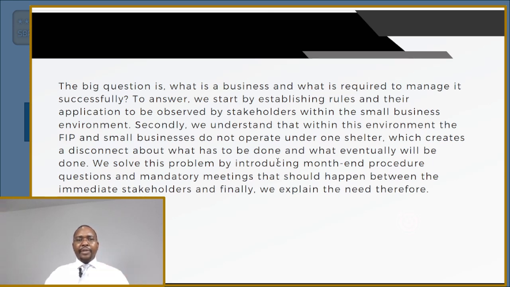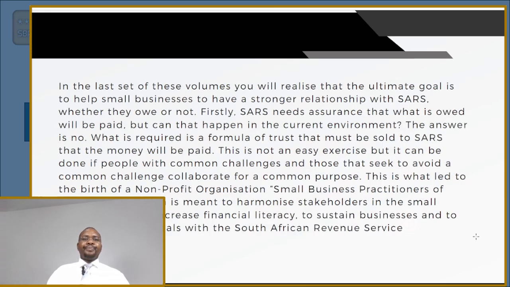In the month-end procedures, we require that there must be a meeting between the small business professional, the financial records clerk and the accountant, to make sure that there is a format of going forward, and all our stakeholders understand this issue the same way.